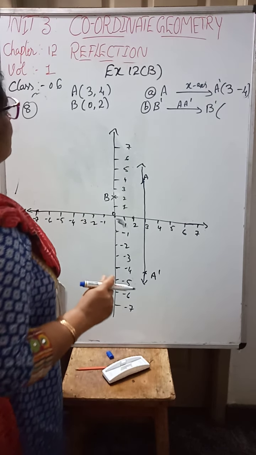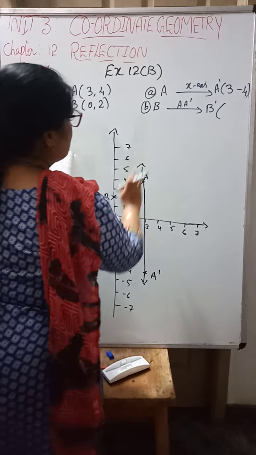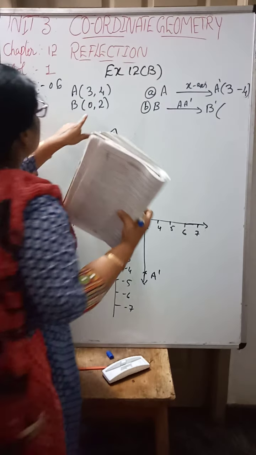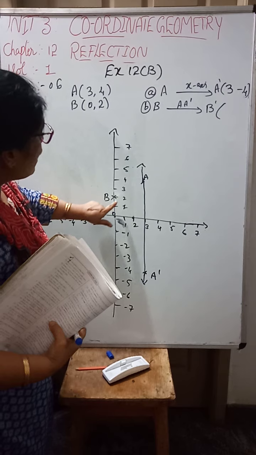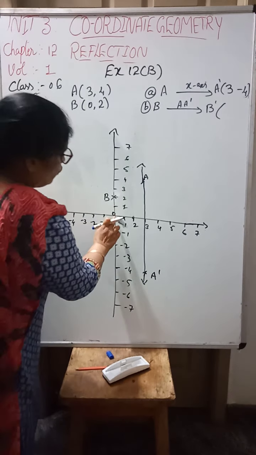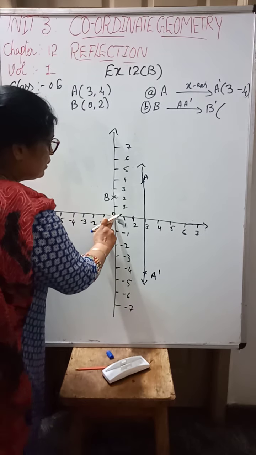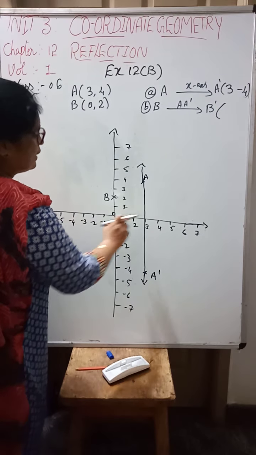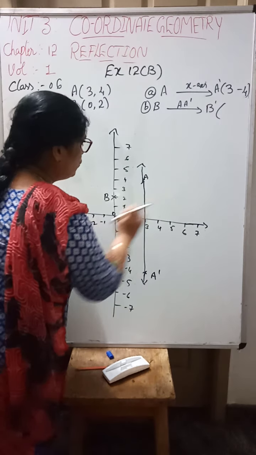Here is B, (0, 2). Now we have to count. Already I told you, I will always take the line itself, x-axis or y-axis, because I don't have any line here to count.